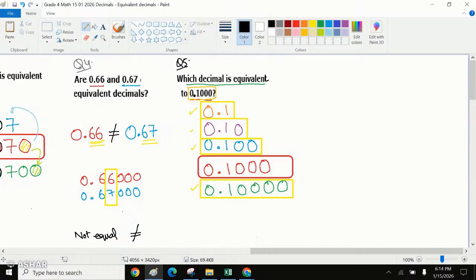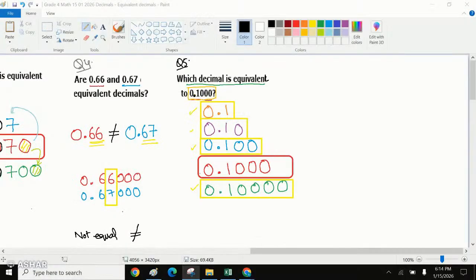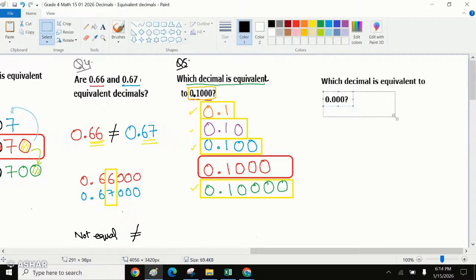Let's look at the next one. Which decimal is equivalent to 0.000 in question number 6, right?